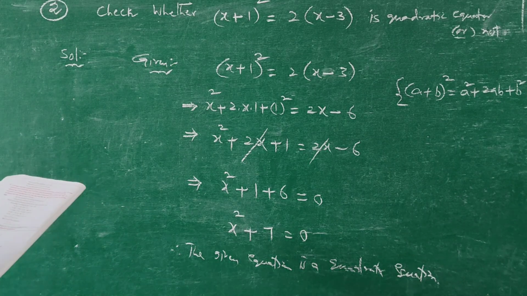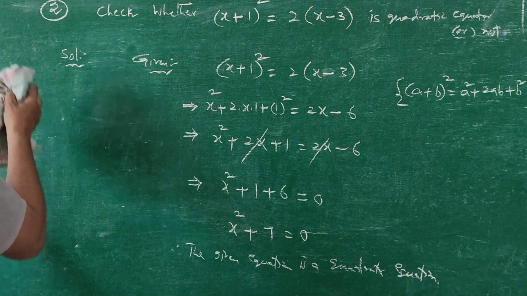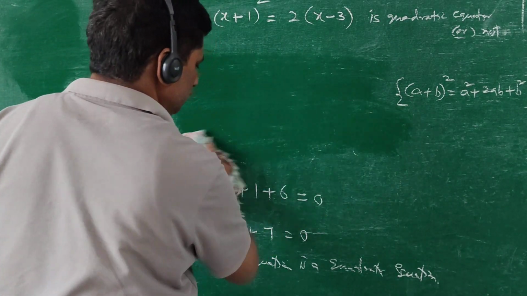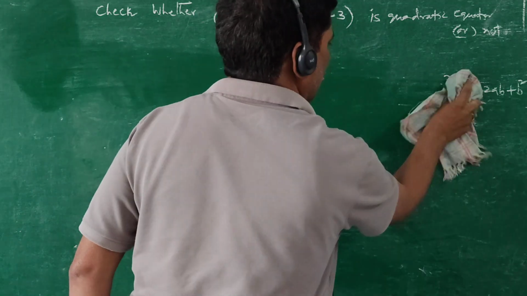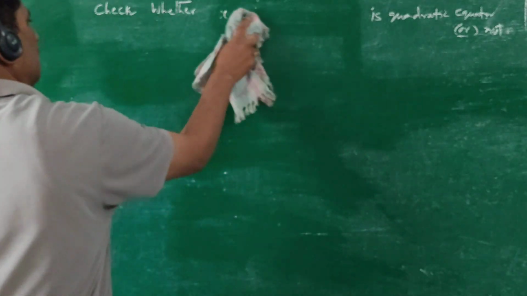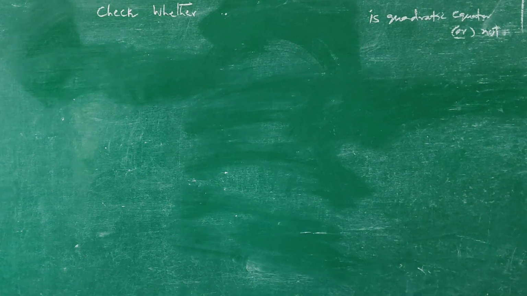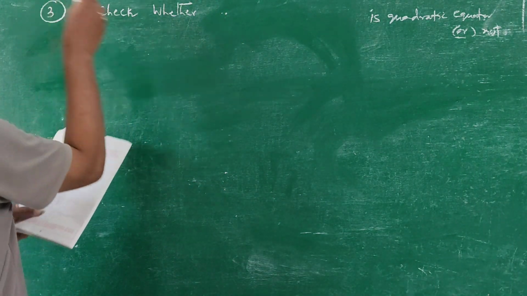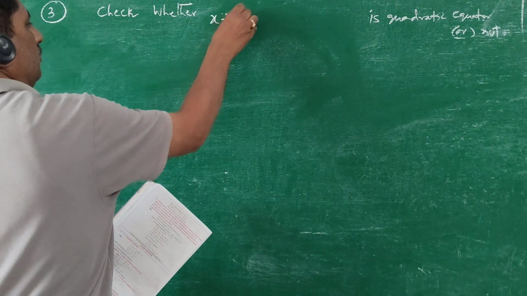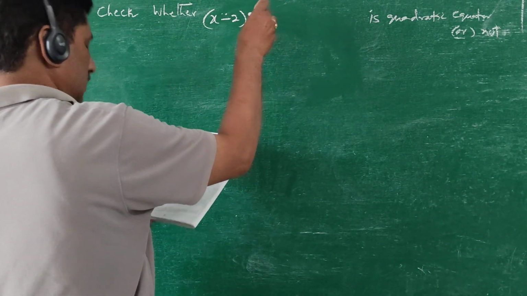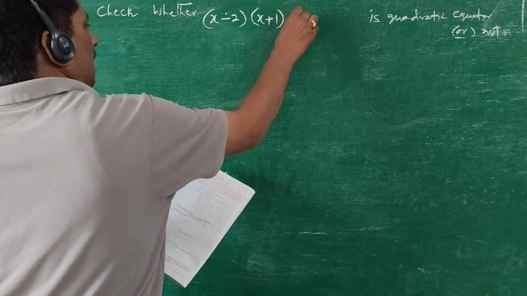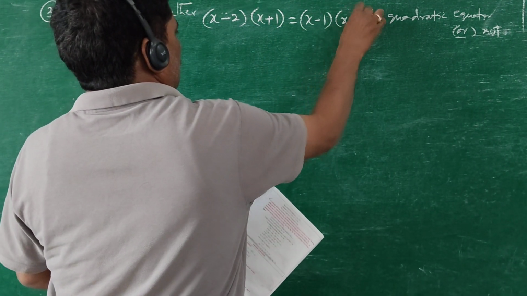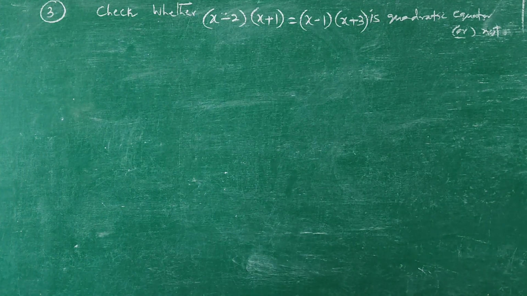Next, the third question. Even the third question is this type only. They give one equation. Check whether x minus 2 into x plus 1 equals x minus 1 into x plus 3 is a quadratic equation or not.